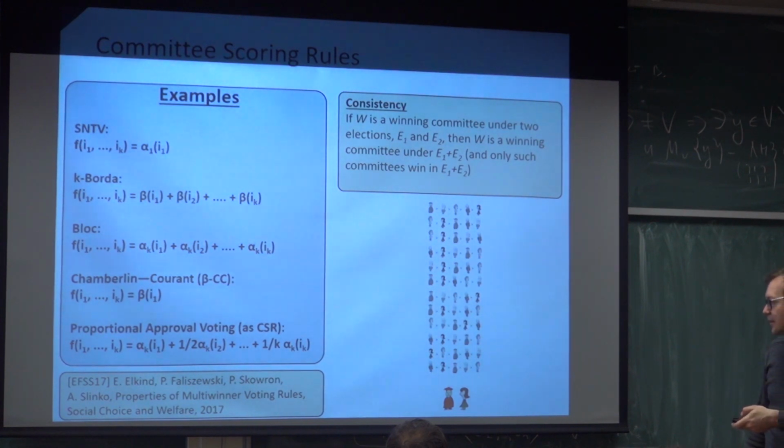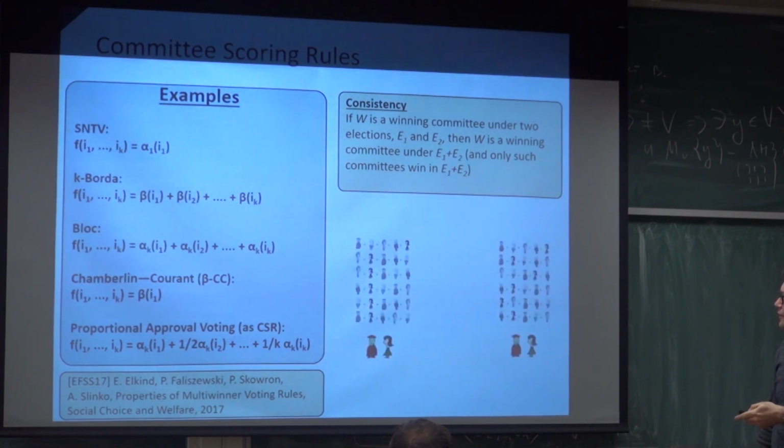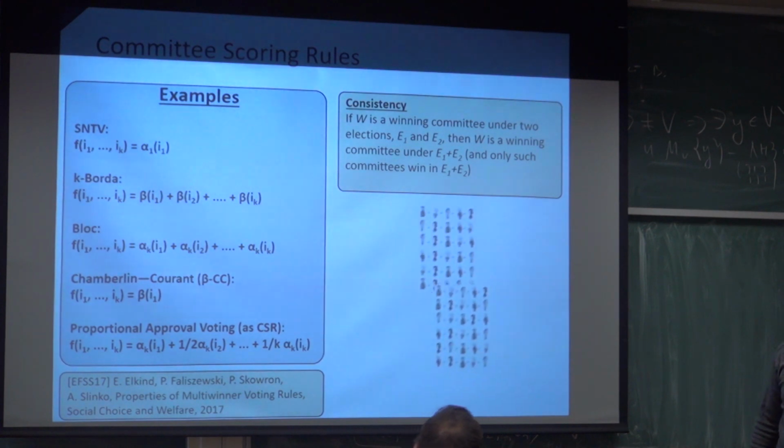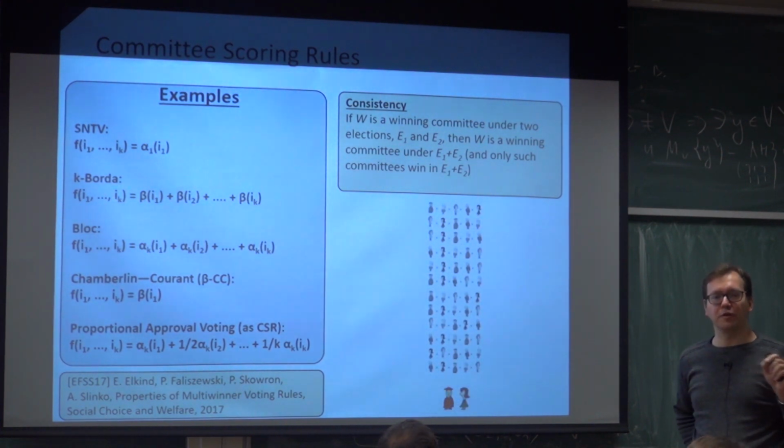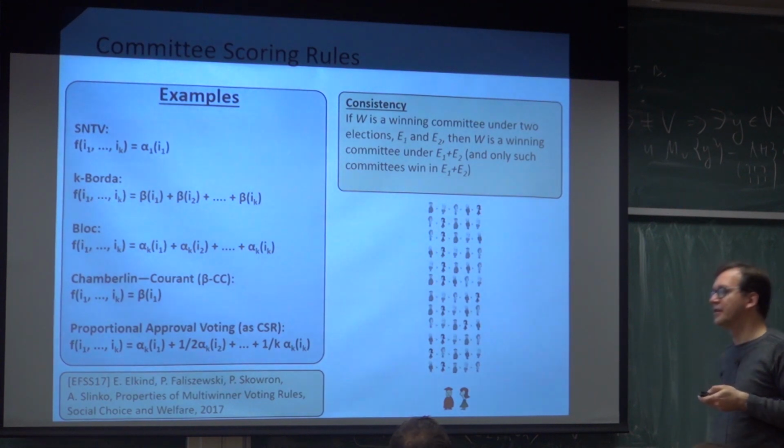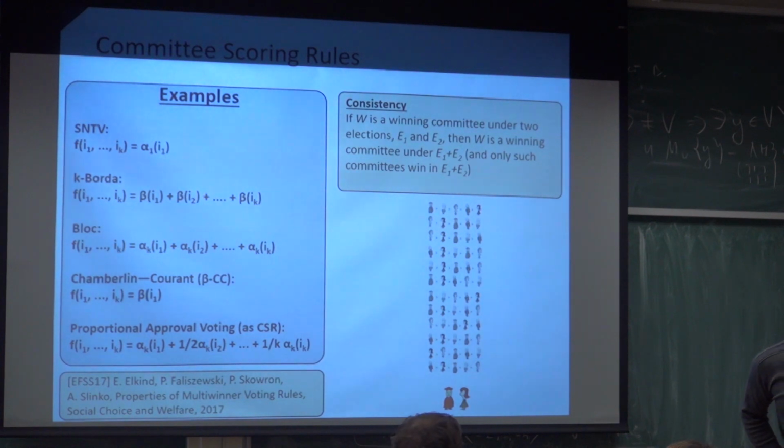I don't have a reference for it here. I think it's axiomatic characterization of committee scoring rules. It's available on arXiv. It is probably the most complicated paper I was ever involved in terms of mathematics, just to do this.